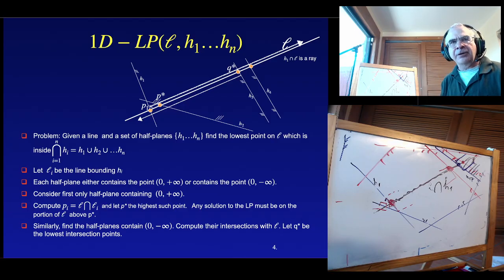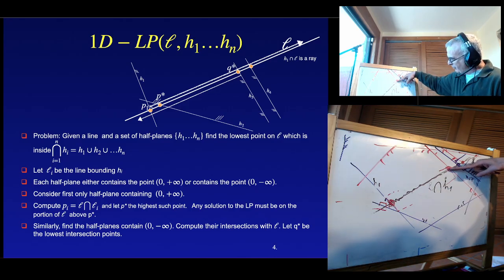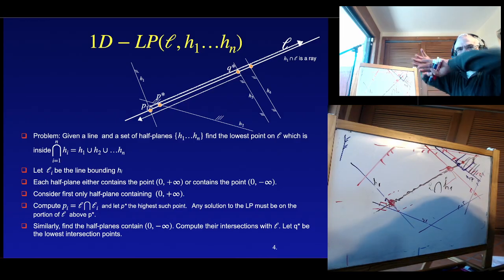And what can I conclude from this example? So what is the optimum point? There is no feasible solution. If you must be on L, then you cannot be both below this point and above this point. They are disjoint.